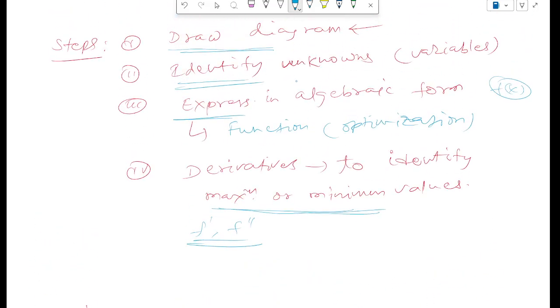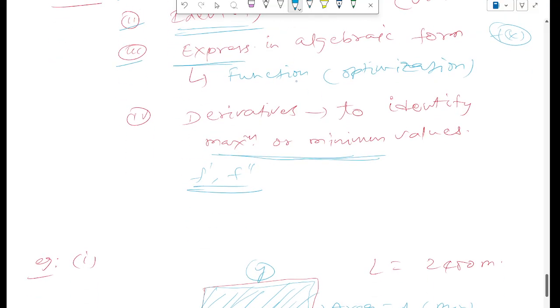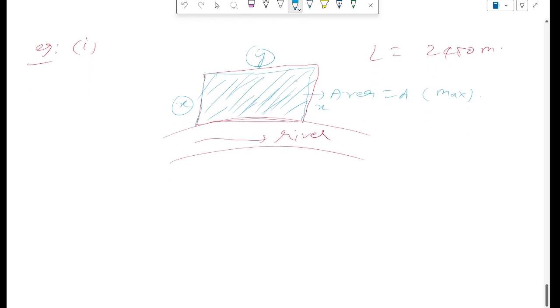Okay, we did the second step. Now the third step: express in algebraic form the function that we are going to optimize. What function do we have here? Here we have area as x into y. This will be the area of the fenced land, and we have to maximize this area.